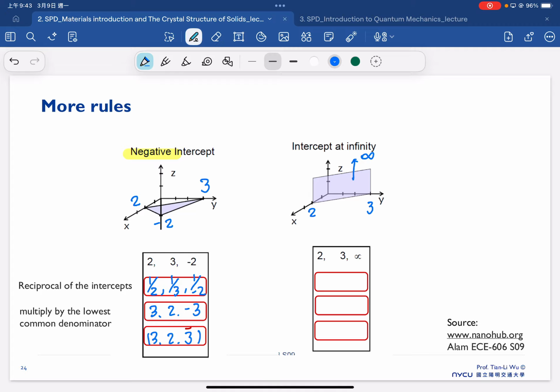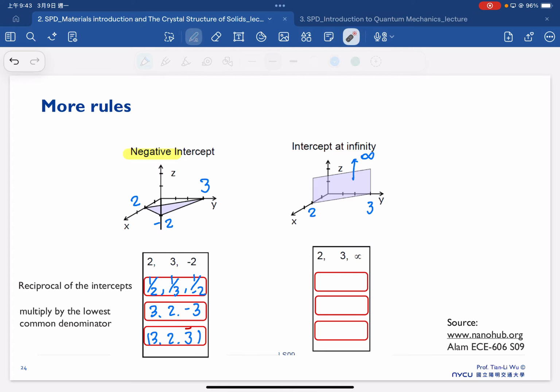We also need to figure out how to use the Miller index to define a plane that is parallel to an x, y, or z axis. Still, we write the intercepts as 2 on the x-axis, 3 on the y-axis, and infinity along the z-axis.